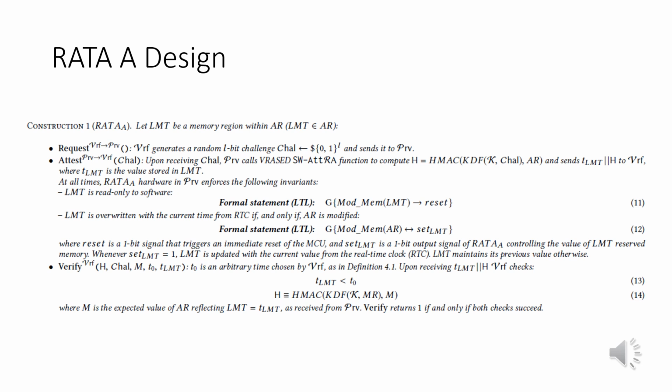These signals allow detection of memory modifications either by the CPU or by the direct memory access controller. Whenever a modification in the attested range is detected, RATA-A logs the timestamp by reading the current time from the real-time clock and storing it in a fixed memory location called the latest modification time, or the LMT.